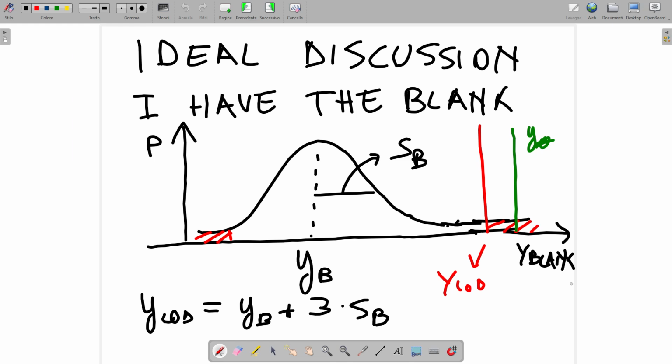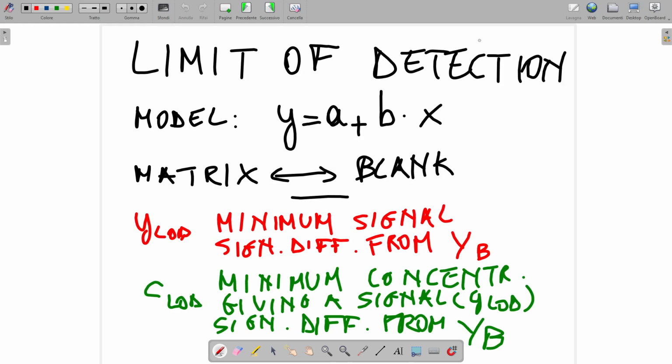Because we have written here YLOD is the minimum signal, and it corresponds to CLOD. Of course, C and X, maybe this is confusing. Here, I write X. X is concentration. So, the minimum signal detectable YLOD corresponds to the minimum concentration XLOD. Is it better now?